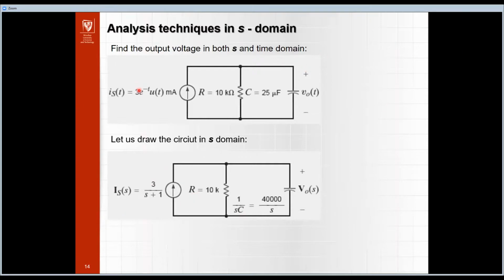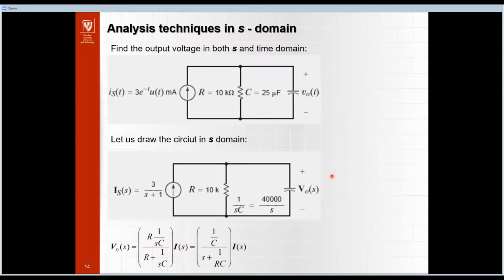So we just transform this function into the S domain. We have here the coefficient e to the minus t, which is represented by s plus 1 in the denominator, and this one is represented by 3 in the numerator. And here we have just the resistor, the same value, and instead of the capacitor we use 1 by SC. When I put 25 microfarads, I obtain this value.